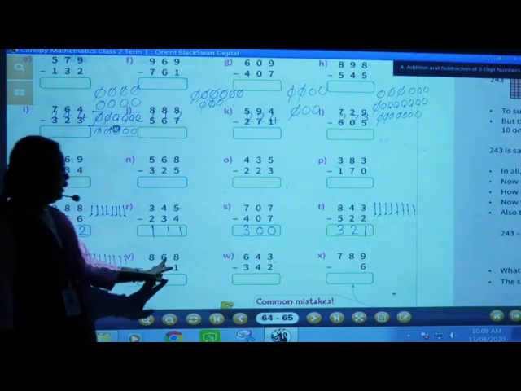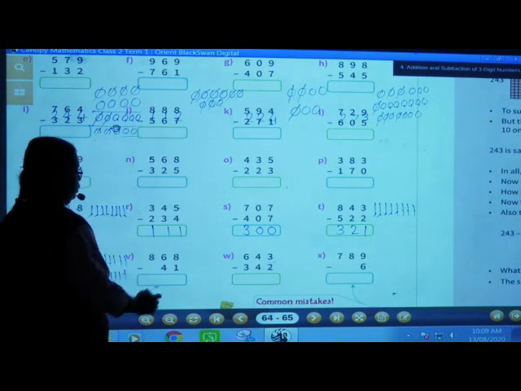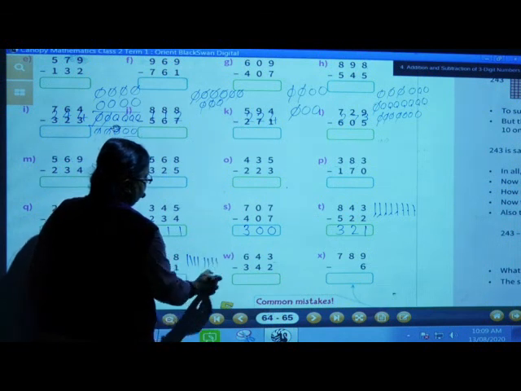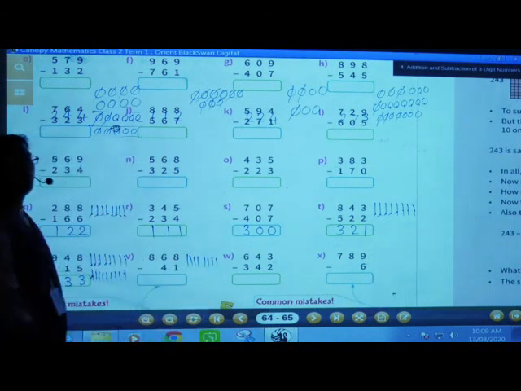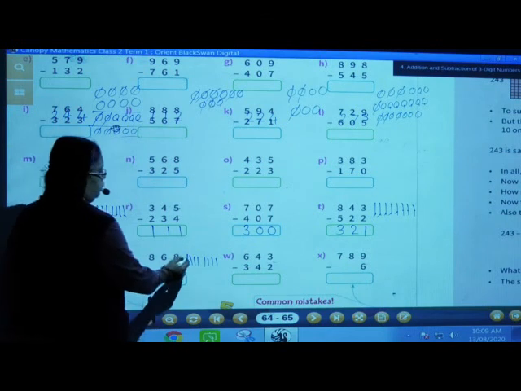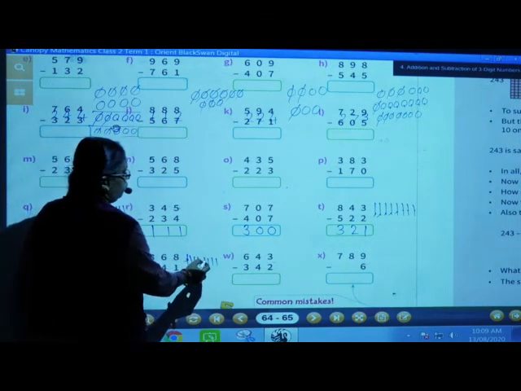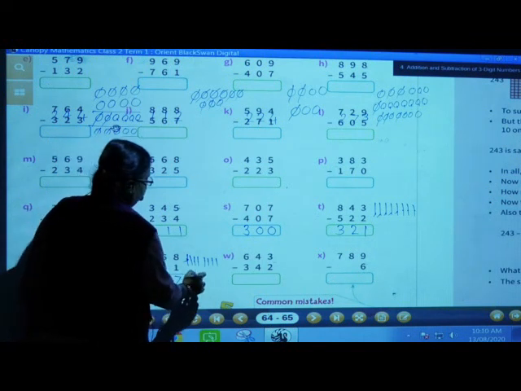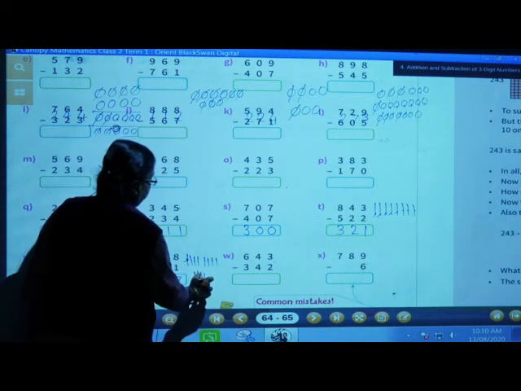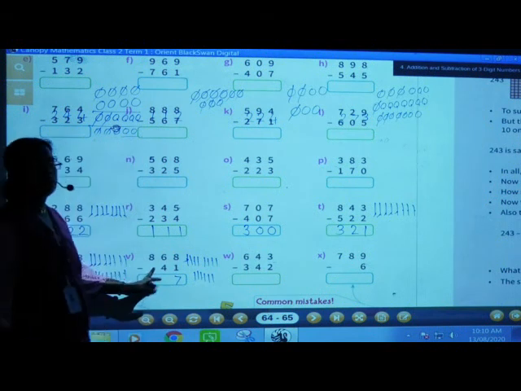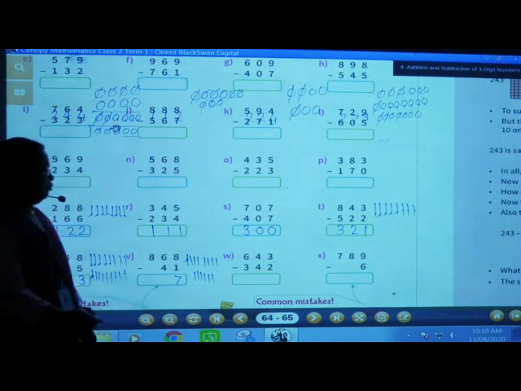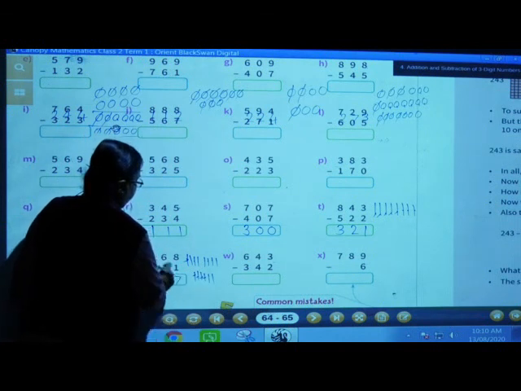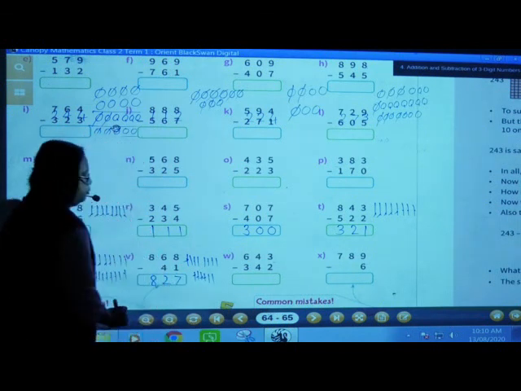Now 8 minus 1. 1, 2, 3, 4, 5, 6, 7, 8. From this you want to remove 1. So 1, 2, 3, 4, 5, 6, 7. 6 minus 4. 1, 2, 3, 4, 5, 6. 6 minus 4, 2. Then 8 as it is.